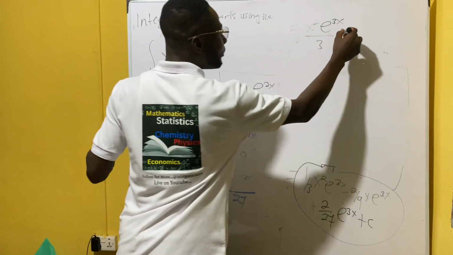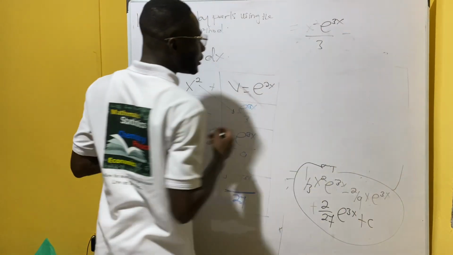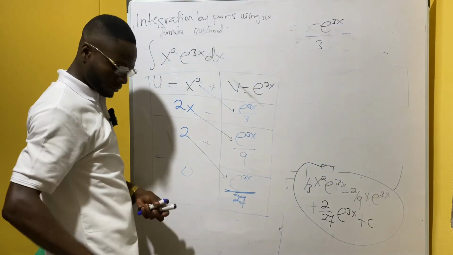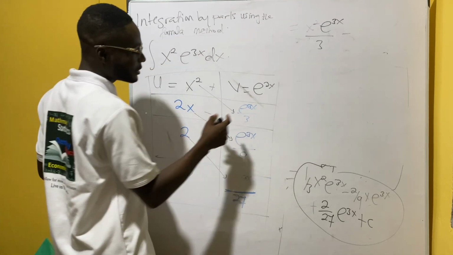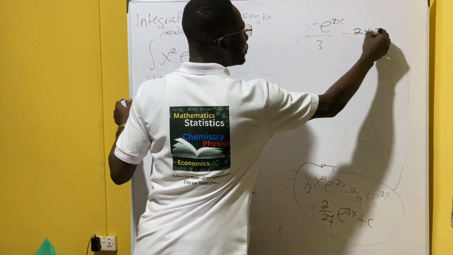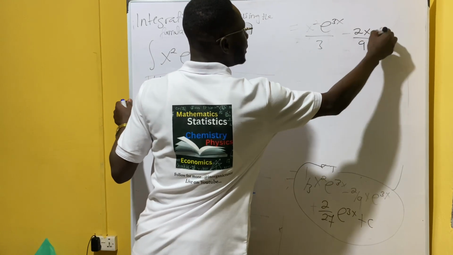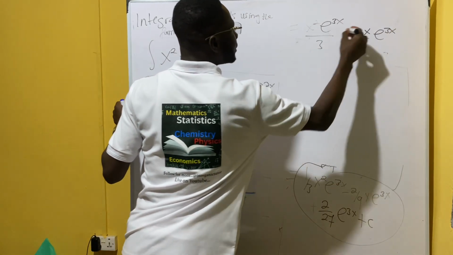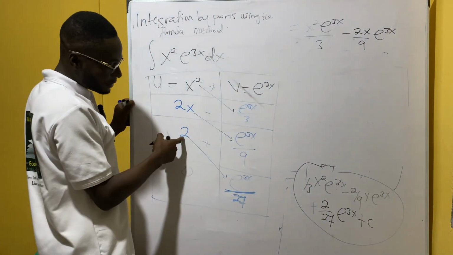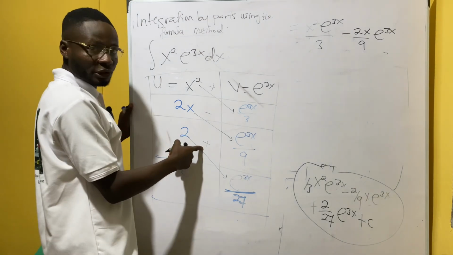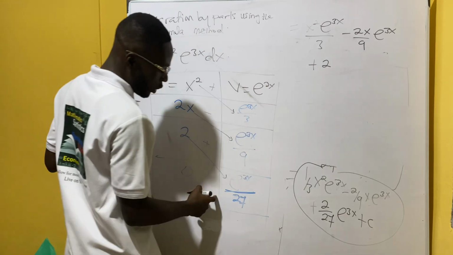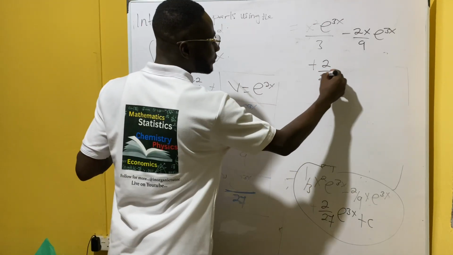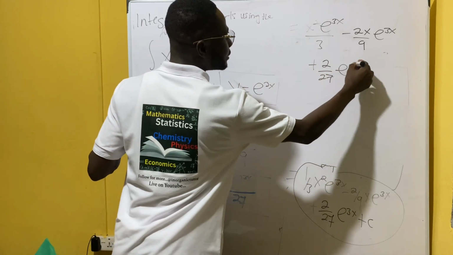So you have minus 2x over 9 e^(3x). And then this takes this. The sign in between is positive. So we have plus 2 over 27 e^(3x).